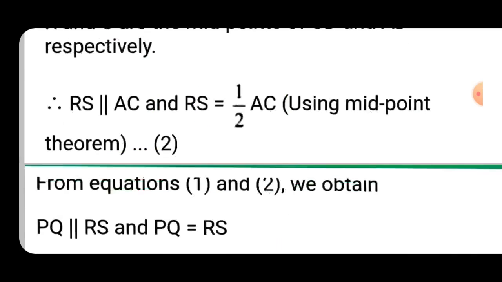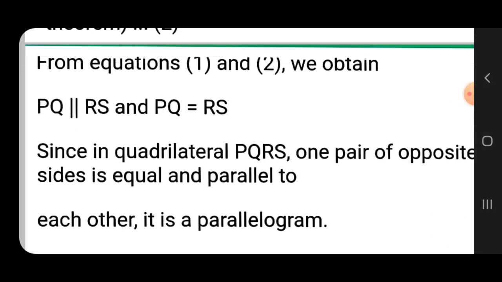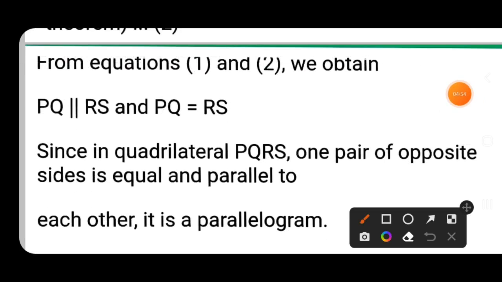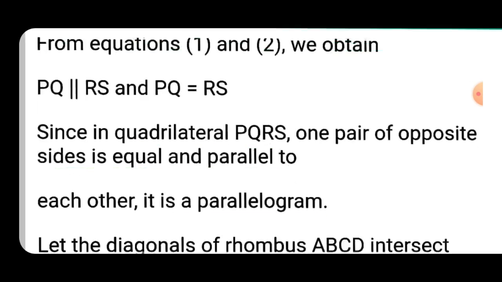This is your second equation. Now compare the first and second equations. We obtain PQ parallel to RS and PQ is equal to RS. Since in quadrilateral PQRS one pair of opposite sides is equal and parallel to each other, it is a parallelogram. I explained this earlier.